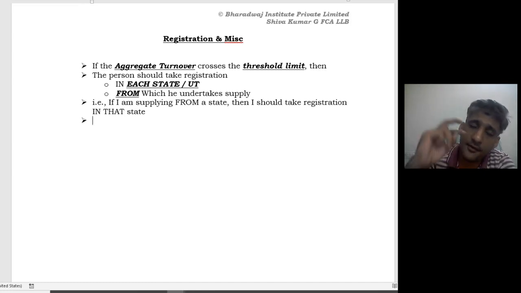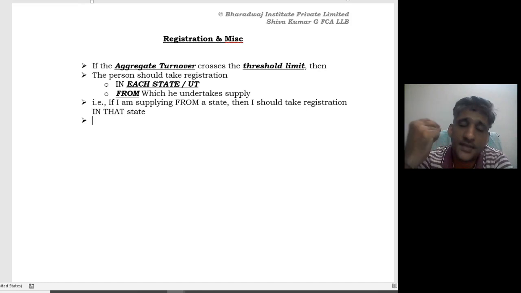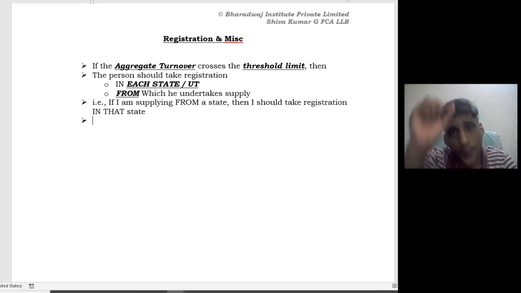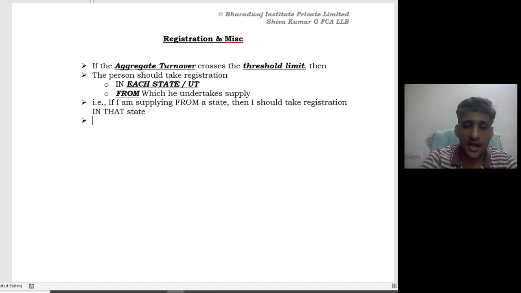If I am supplying from Tamil Nadu and if I am supplying from Karnataka, then I should take registration in both Tamil Nadu and Karnataka.